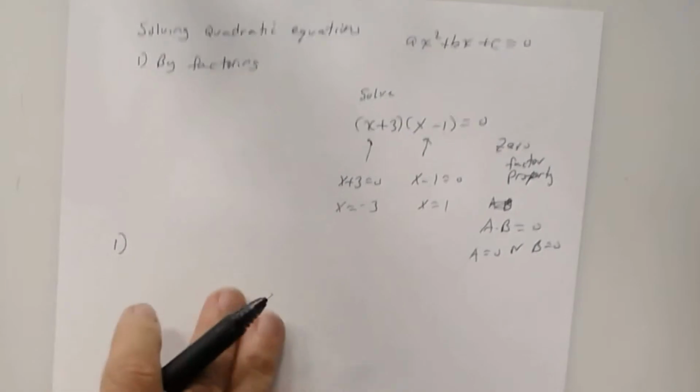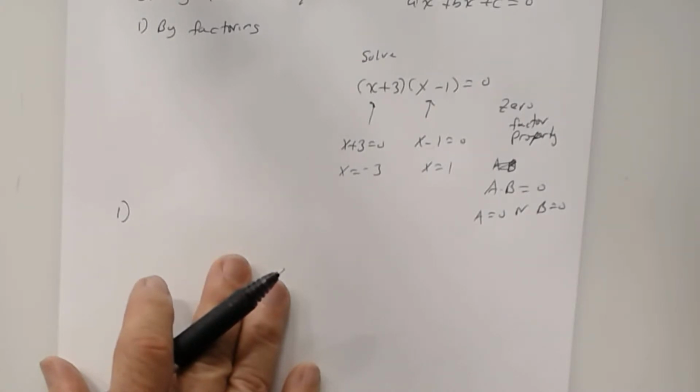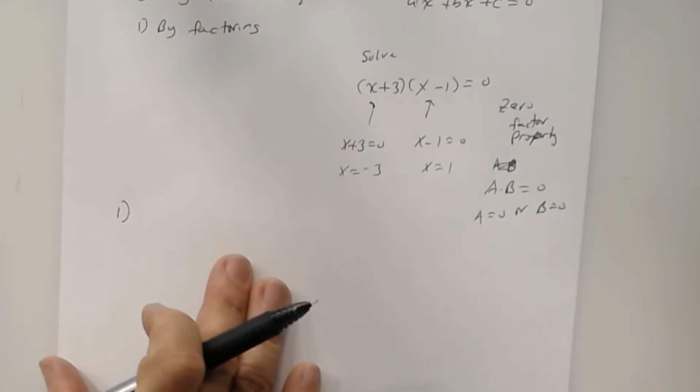Number 1: always read the directions, because the directions will sometimes tell you what method to use. If you look at the worksheets that go with this section, some will say solve by factoring, some will say solve by using the quadratic formula, some will say solve by completing the square.